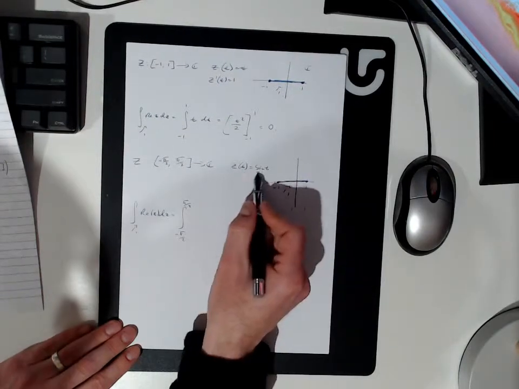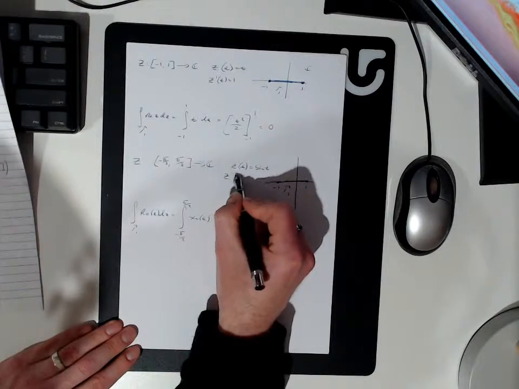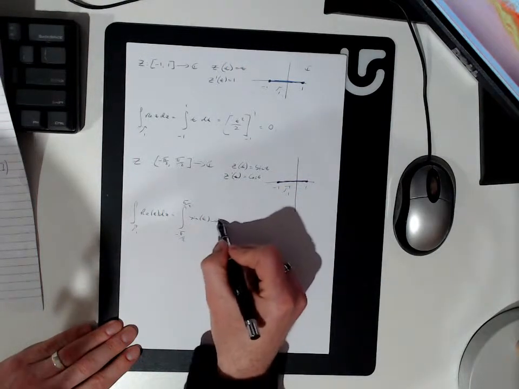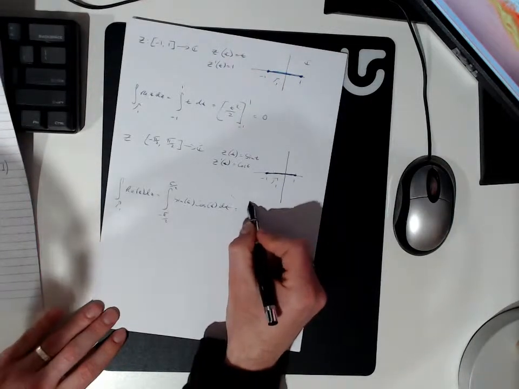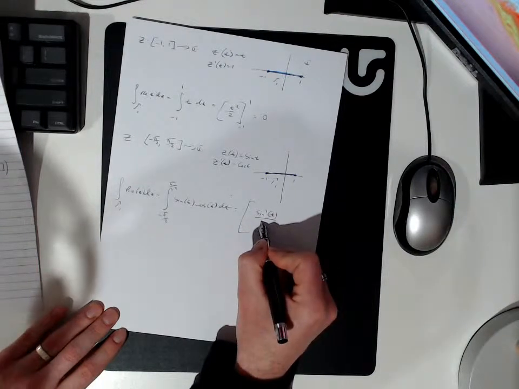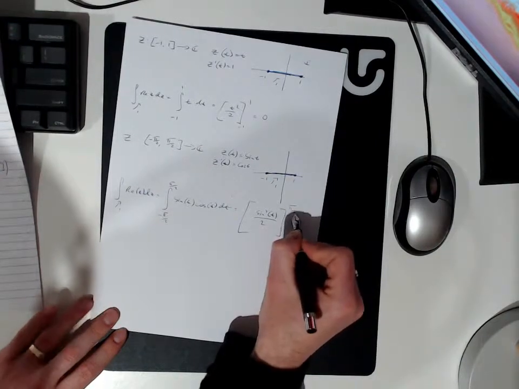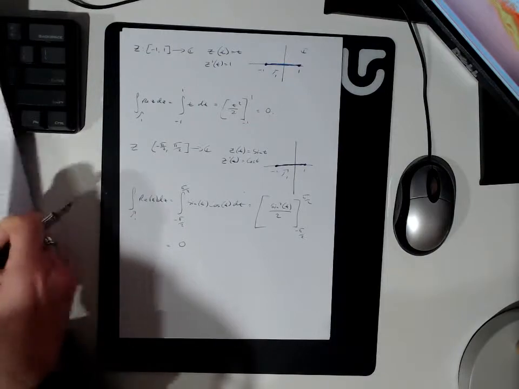Well, the real part of z of t is still sine t. Of course, now when we take the derivative, we get cos of t. So this is sine t cos t dt. And after a little bit of thought, you'll see that this is sine squared t over 2, from minus pi over 2 to pi over 2. And when you do that calculation, you'll see that it's also 0. That is not a coincidence.